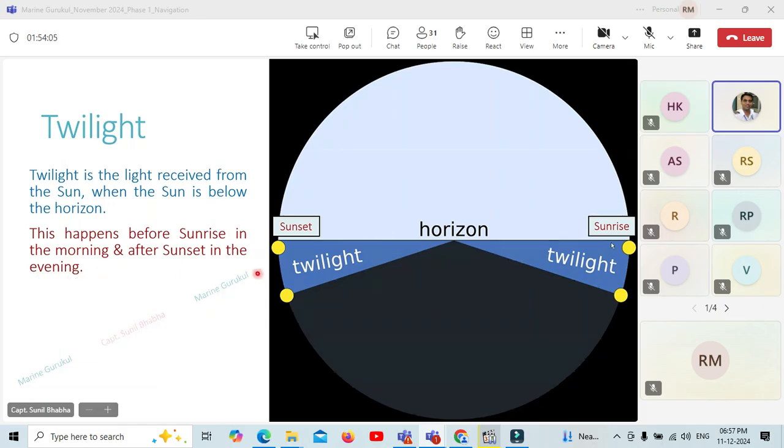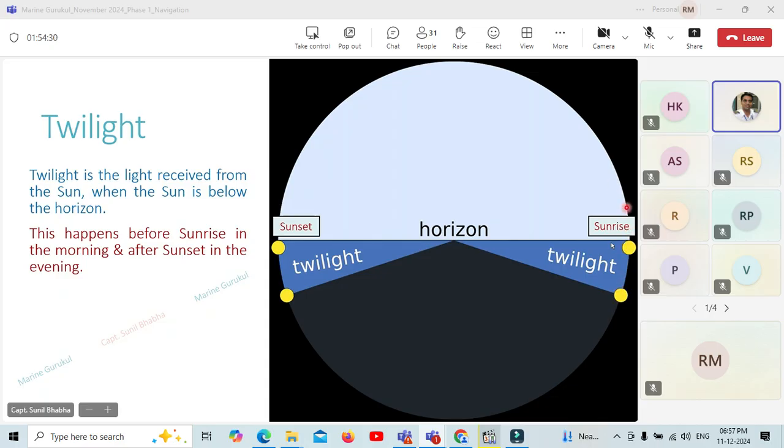As you can see in this diagram, the right side of the diagram represents the sunrise, and before sunrise, for this particular period, the dark blue color sector marked here on the right side of the diagram represents the period when we get the twilight.